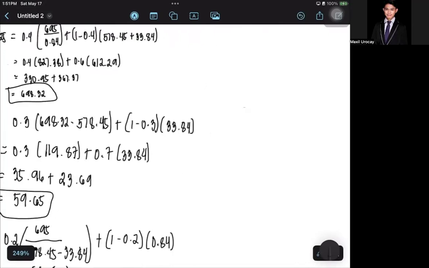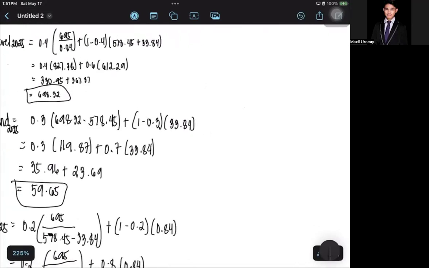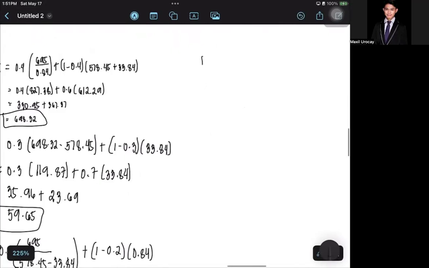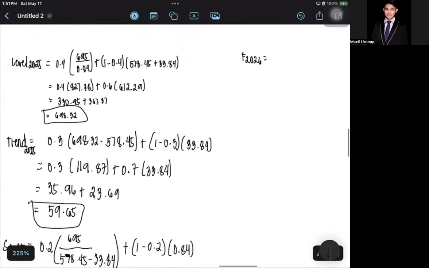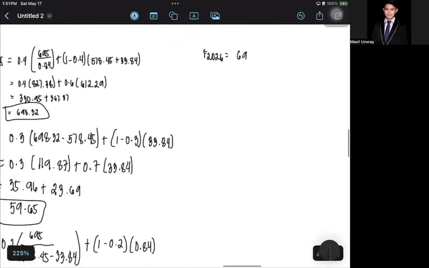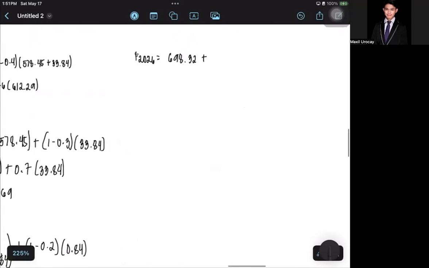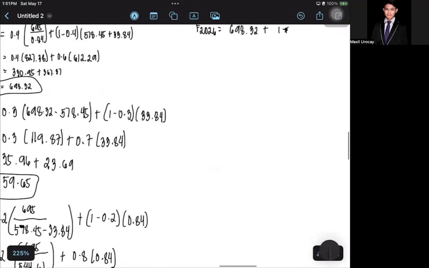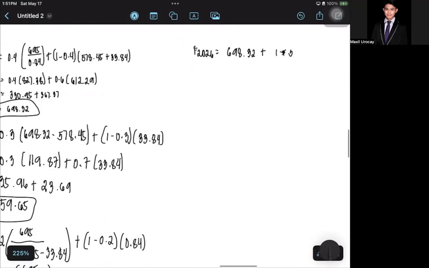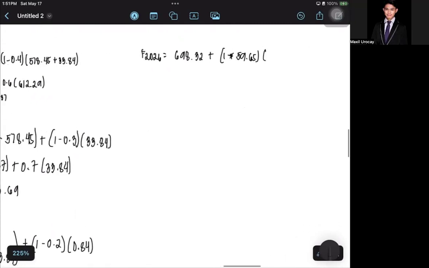And we will now be going to forecast the data for 2026 up until 2030. So the forecast of 2026 is with a formula given that your level is 698.32, plus the H. Your H is 1 because this is the first year, times the trend, which is 59.65, and then times the seasonality initialization.